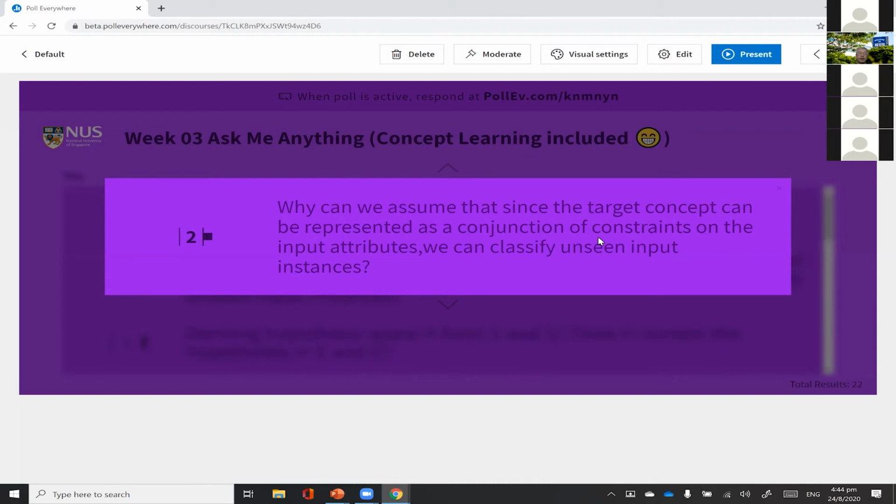Of course, even if it's not the target concept itself, it may do very well, right? If we have certain data examples for our training, we still might be able to get all of the training examples right, because D is not exhaustive of the entire space of X as possibilities. So we still might get all of the items right in our training, but we're still not representing the target concept properly.